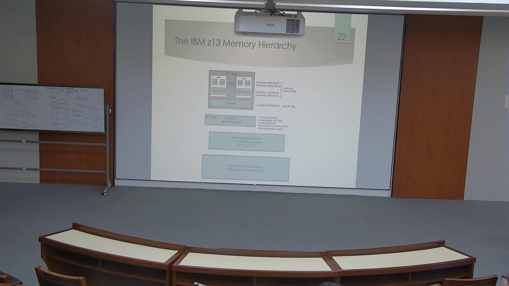Which one is bigger? Two. Which one is fast? One. As the size of the memory increases, the speed decreases. This is very important, that's why I want everybody's attention. Here we have a big size, but small speed.